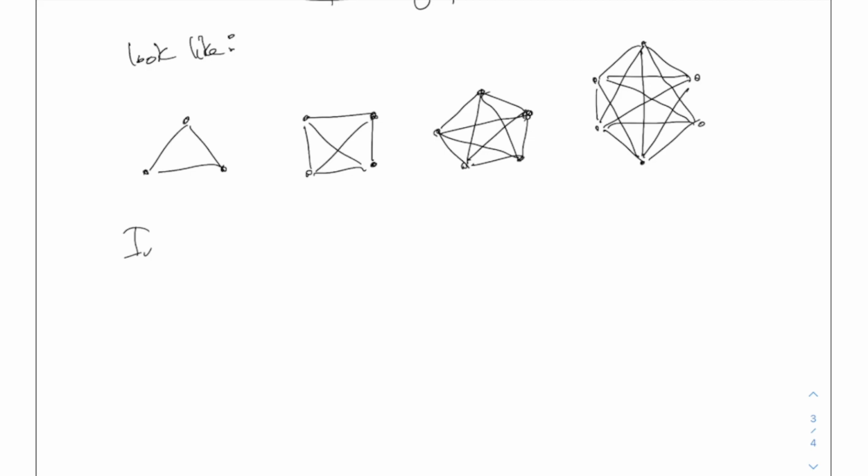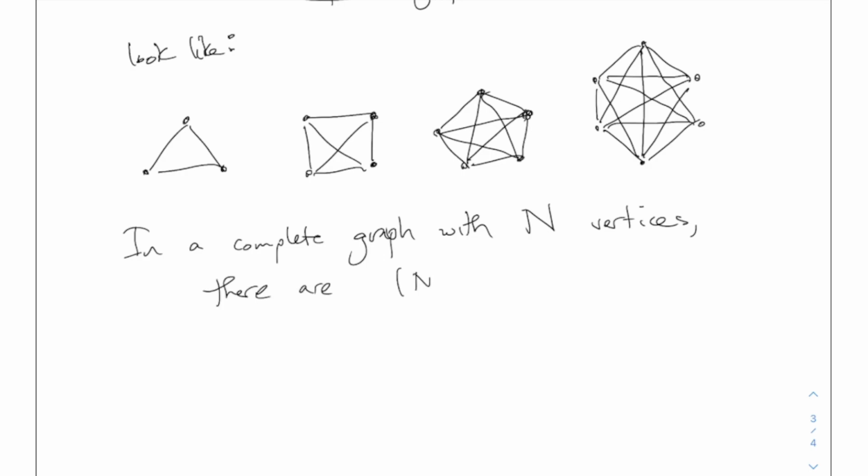So in a complete graph with, let's say, n vertices, there are n minus 1 factorial different Hamilton circuits.